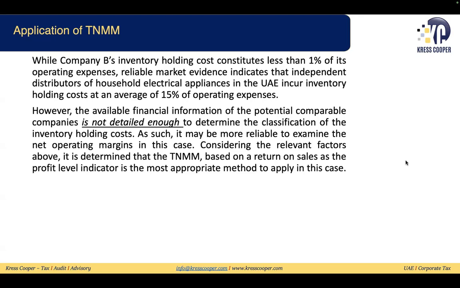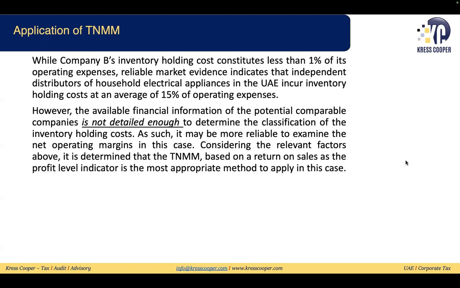That is a huge difference: one company has a 1% holding cost, while competitors in the same sector and industry have 15%. However, the available financial information of potential comparable companies is not detailed enough to ascertain the classification of the inventory holding cost. As such, you cannot bifurcate the holding cost or ascertain the breakup of this 15%.